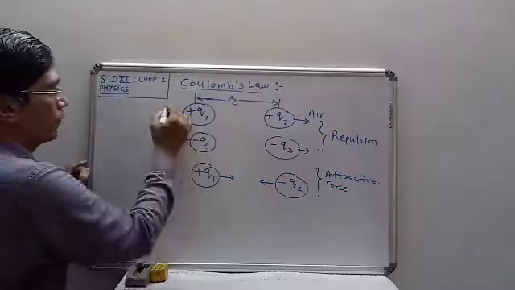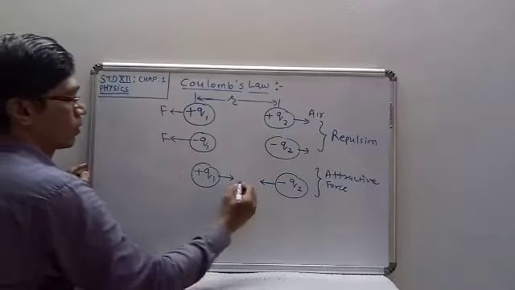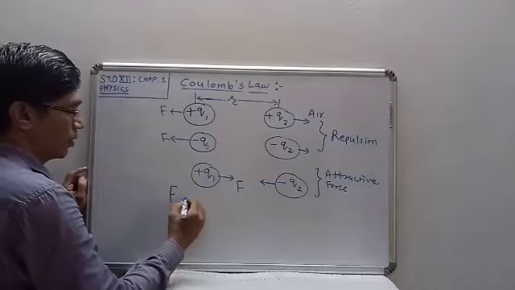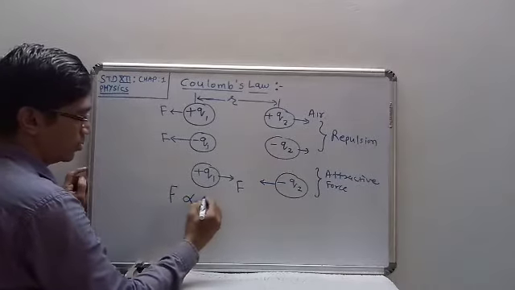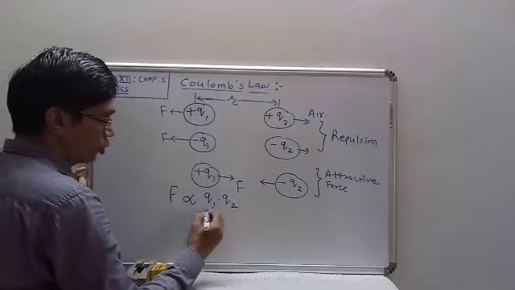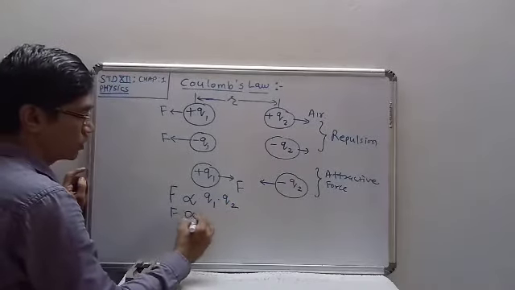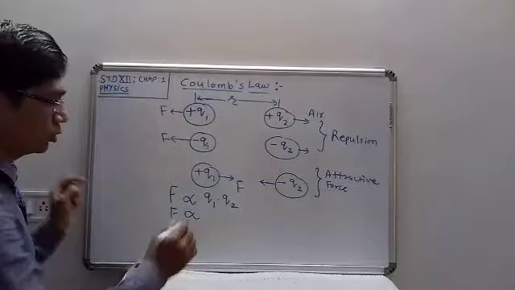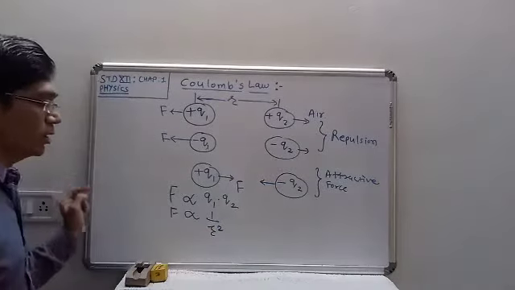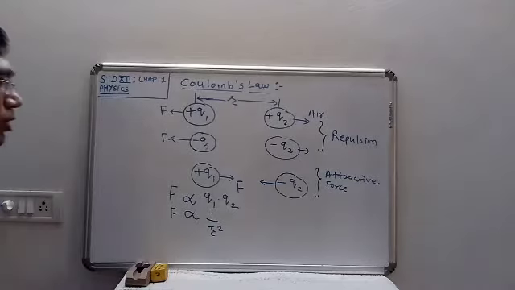So this force is given by the equation: force is directly proportional to the product of the charges q1 and q2, and this force is also proportional to 1 upon r square. It is inversely proportional to the square of the distance.